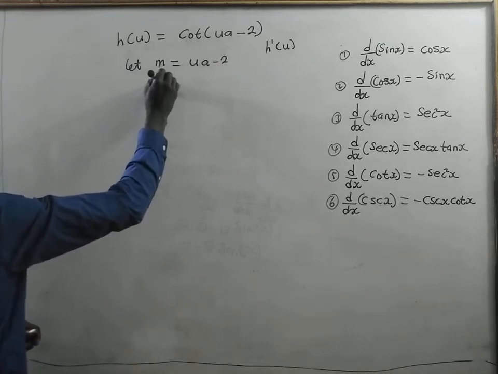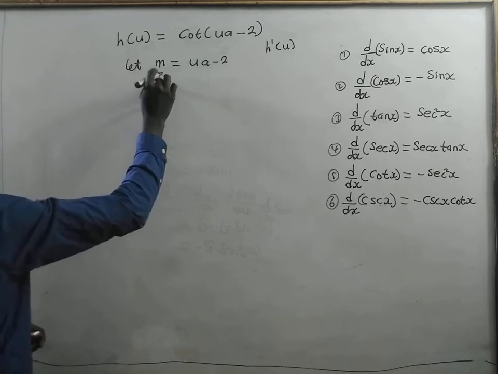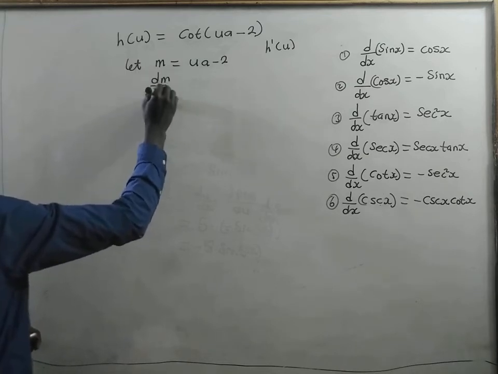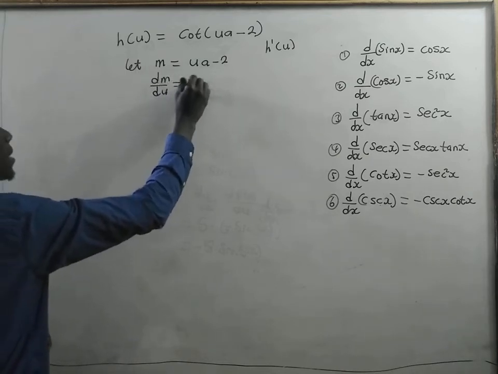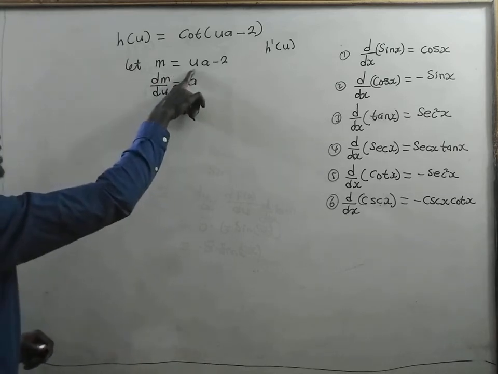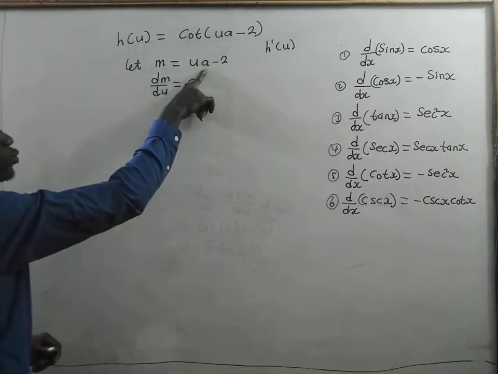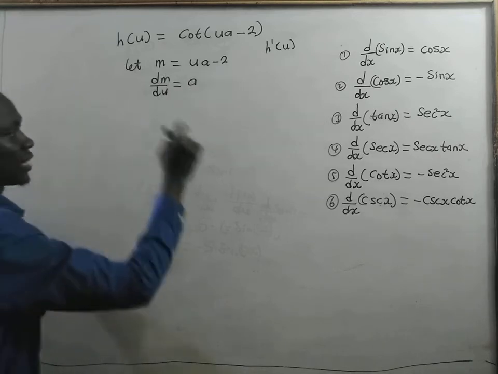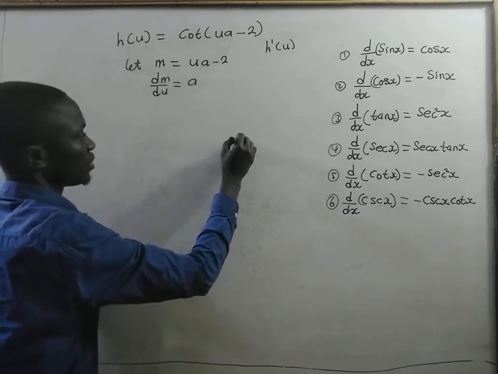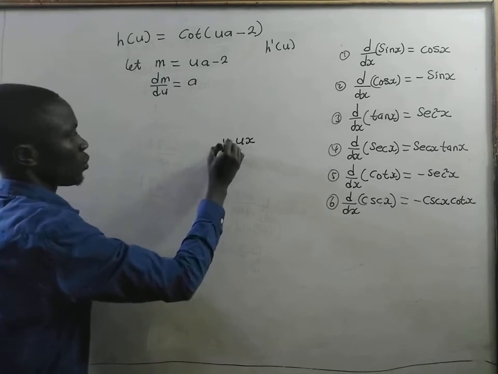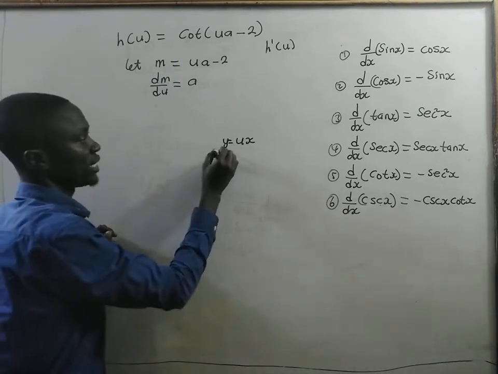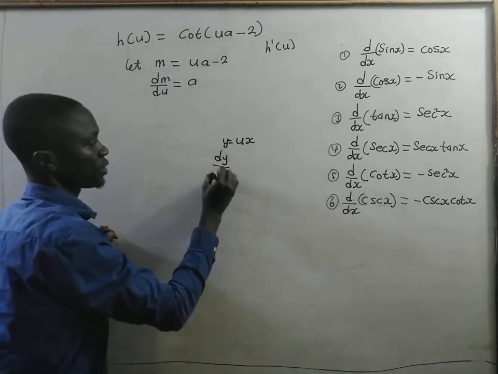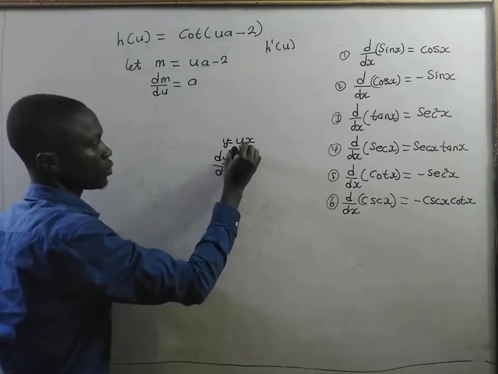Let m equal ua minus 2. Then the derivative of m with respect to u is equal to a. If we differentiate ua with respect to u, a is a constant. So it is like writing y equal to ux, so the derivative of y with respect to x is equal to the constant u.